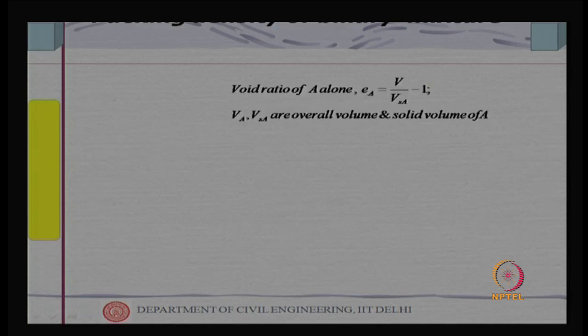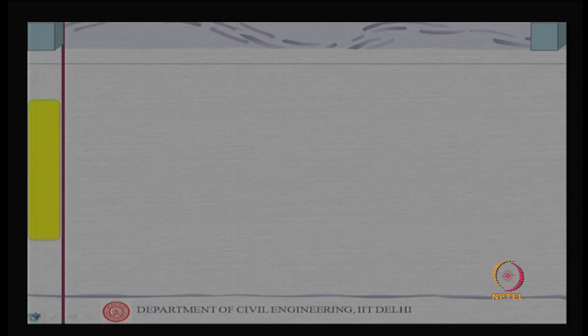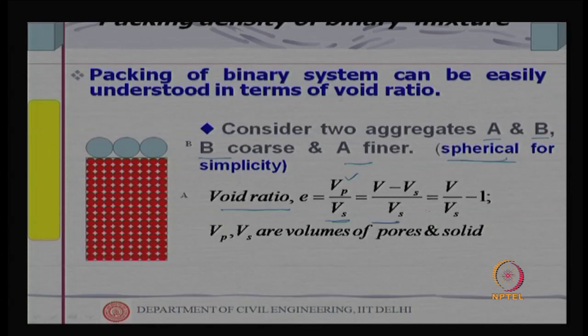Now, void ratio of A alone will be the overall volume, let us say A fills the total volume alone, divided by volume of solids of A, minus 1, because we have defined the void ratio earlier by this equation. Void ratio we have defined by this equation V by Vs minus 1.